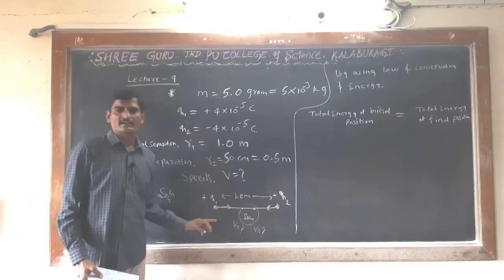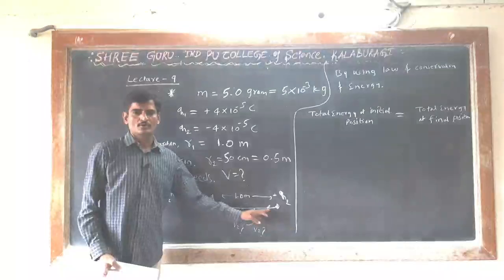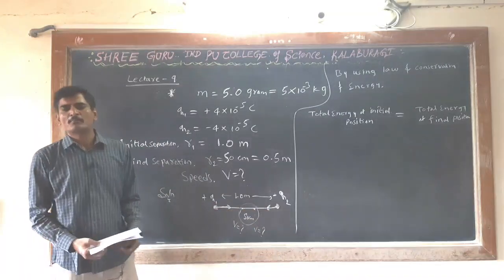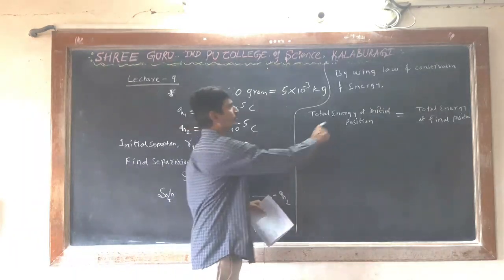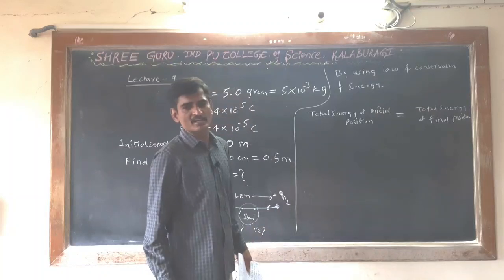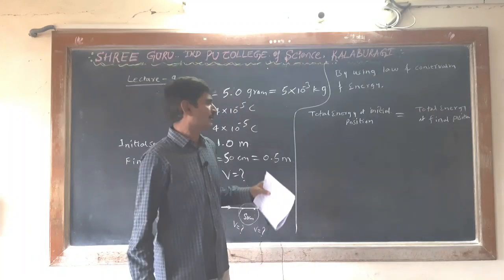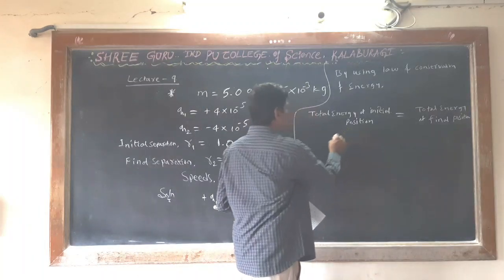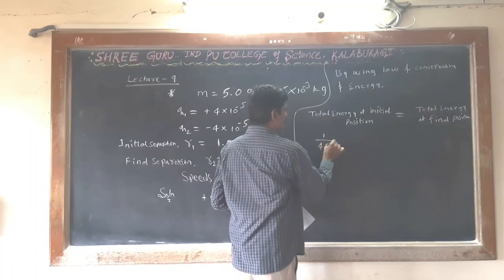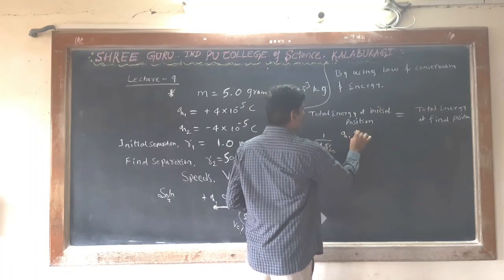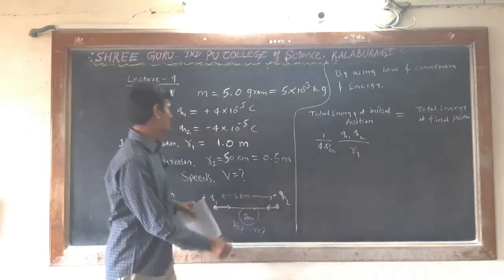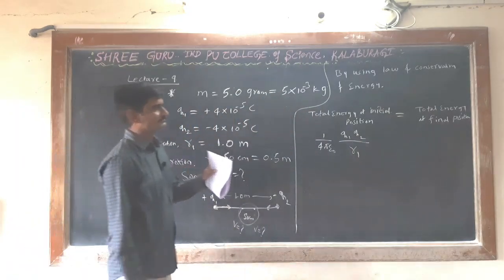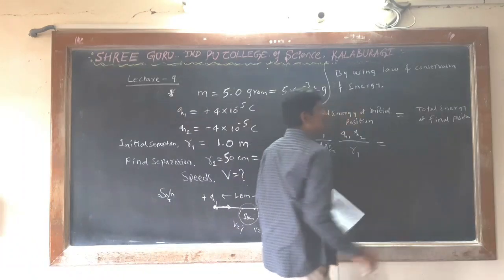Initially they were at rest, so kinetic energy is 0. So initially they had only potential energy. So total energy at initial position will become completely potential energy, that is 1 by 4 pi epsilon naught Q1 Q2 divided by initial distance R1.